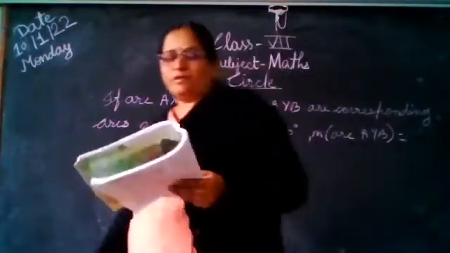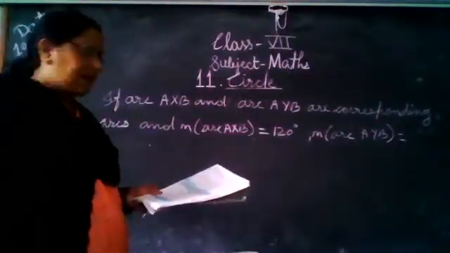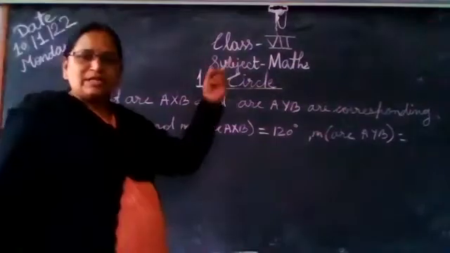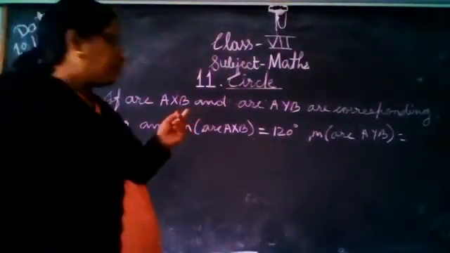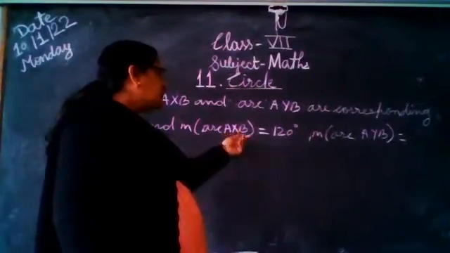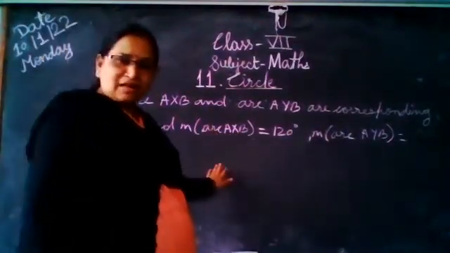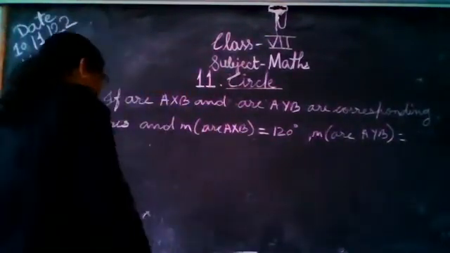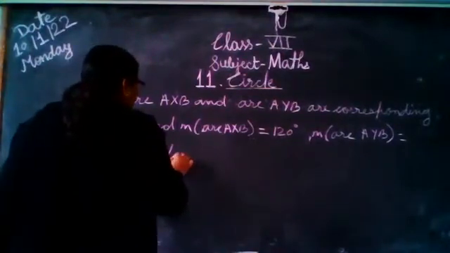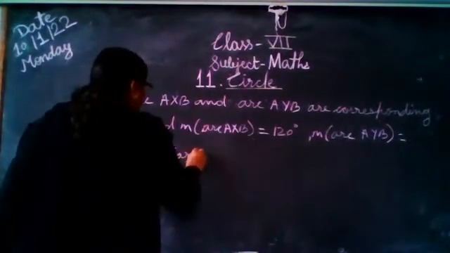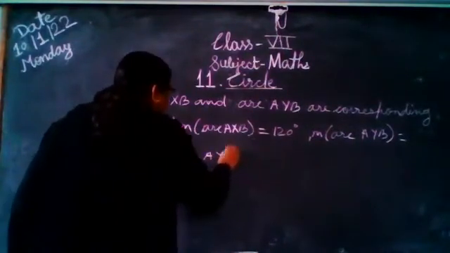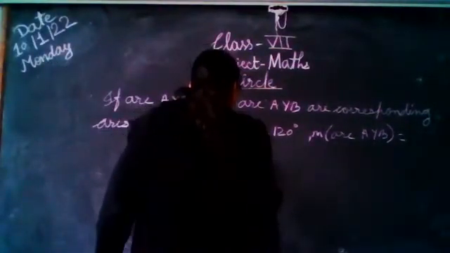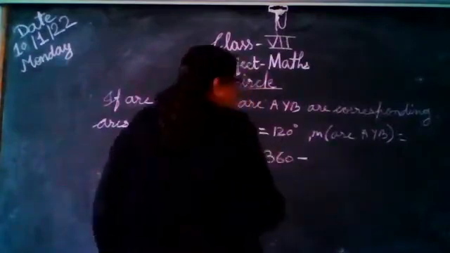See children, here four options are given, but we will solve it and see what should be the answer. See children, the total is 360 degree and the measure of this arc AXB is 120. That means it is the minor arc. So here we have to find the measure of arc AYB. So arc AYB equals the measure of the complete circle, 360 degree, and we will subtract 120 from it.